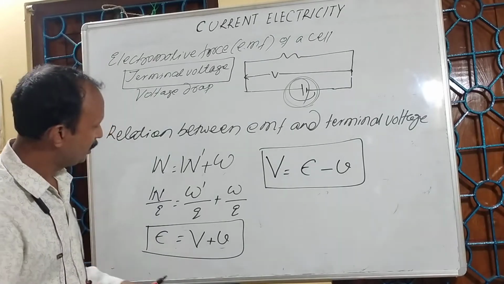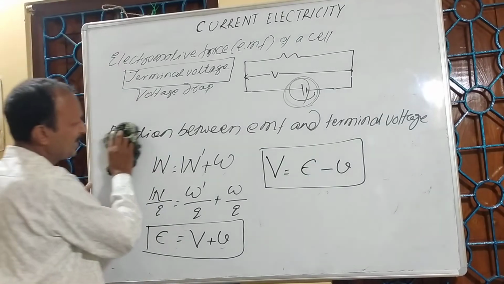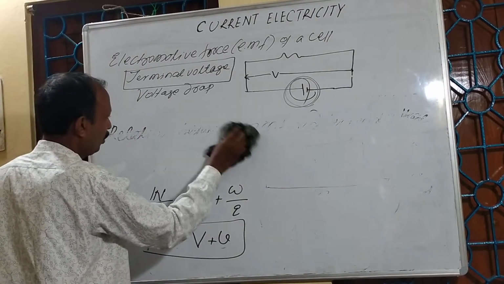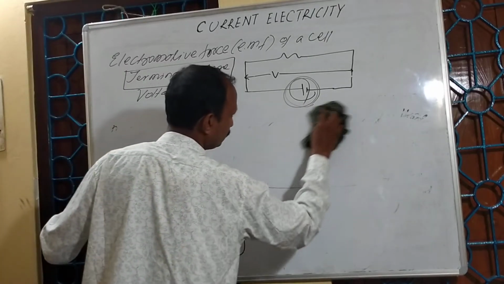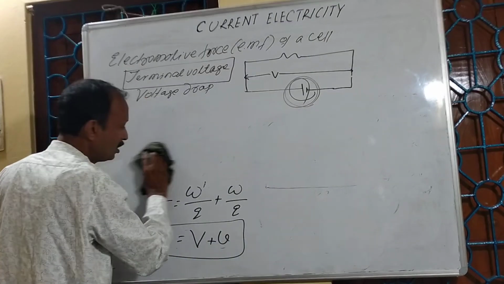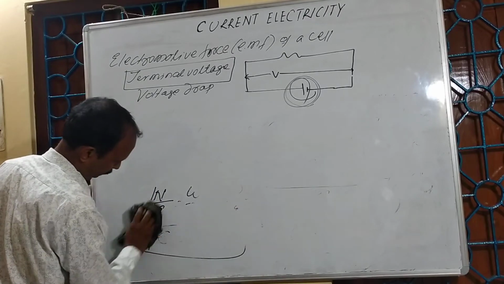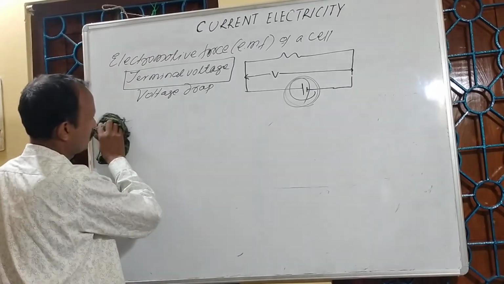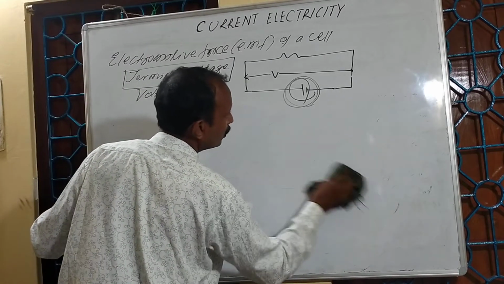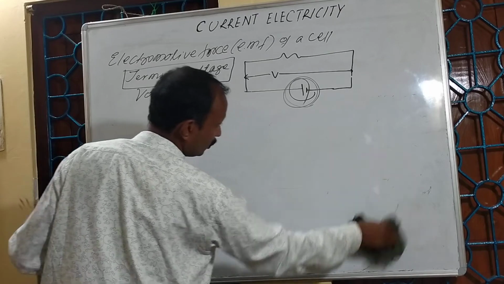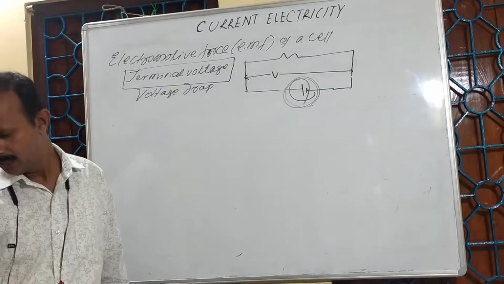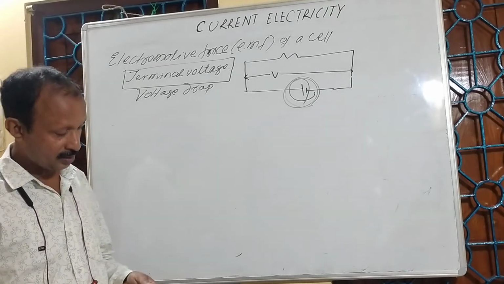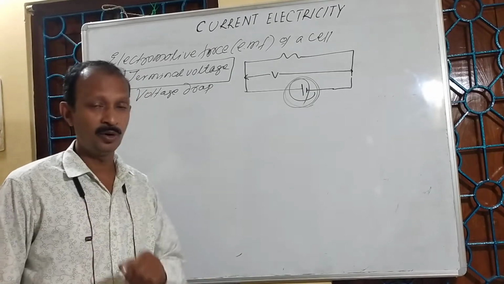Now listen carefully. When the cell is in a circuit, or when we are drawing the current, during that time the potential difference we measure is the terminal voltage, and I said that electromotive force is more than terminal voltage.